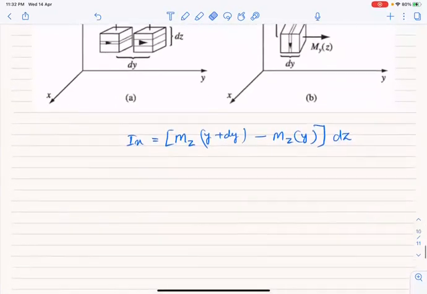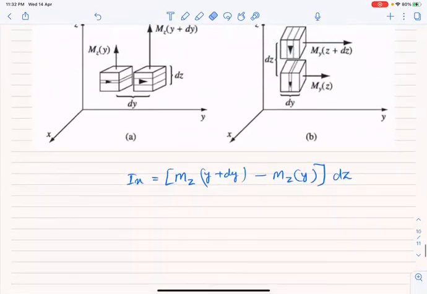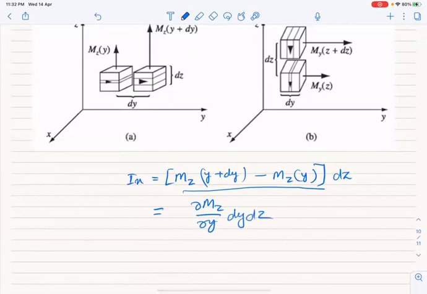Here there is a net current, the net magnetization multiplied by the thickness. Now this expression is nothing but the derivative. So effectively we can write this as del Mz by del y dy dz. I am sure there is no problem in understanding how this expression gives rise to this one.